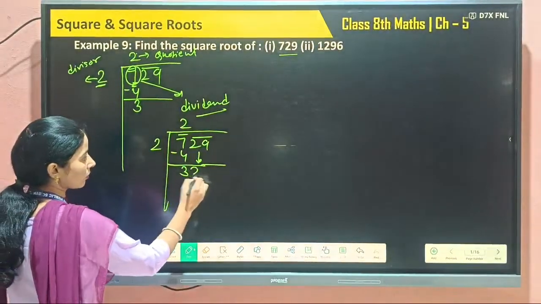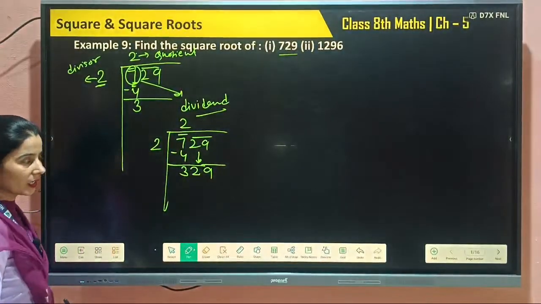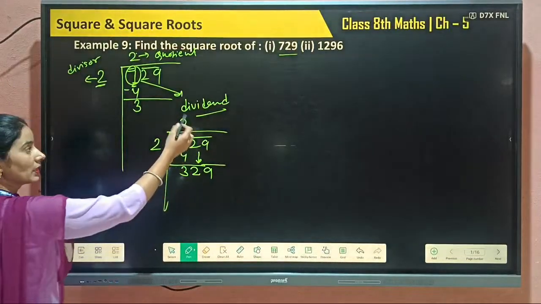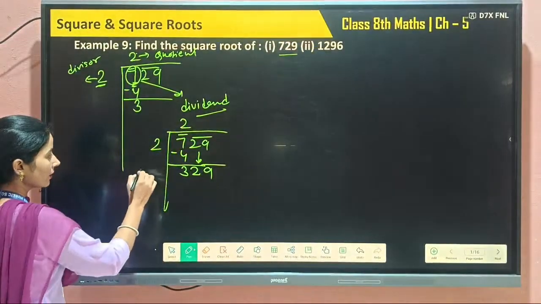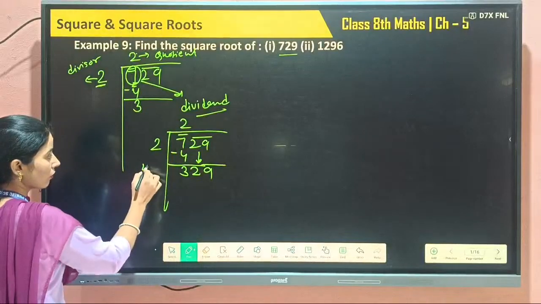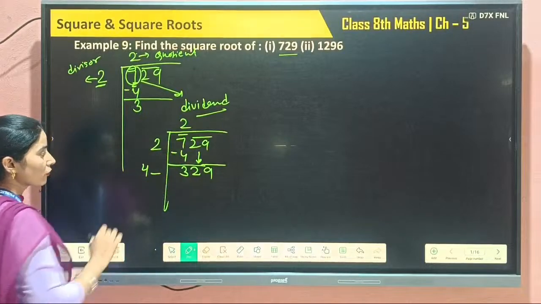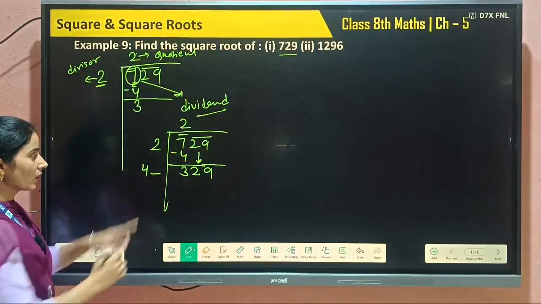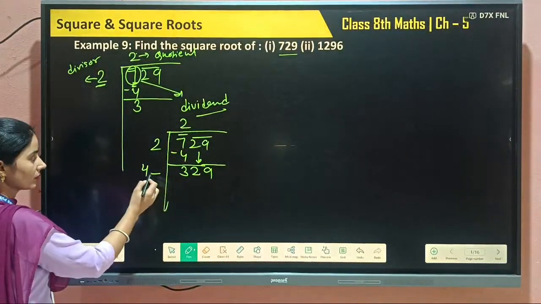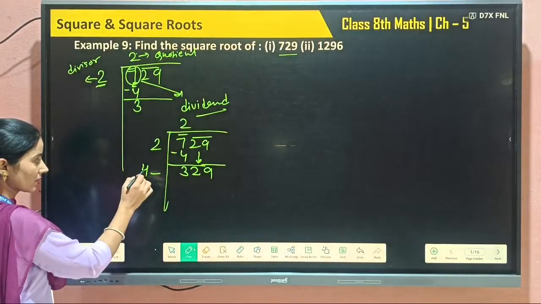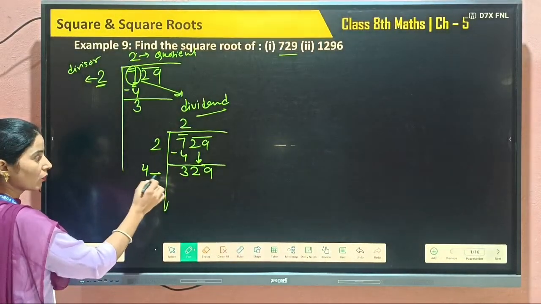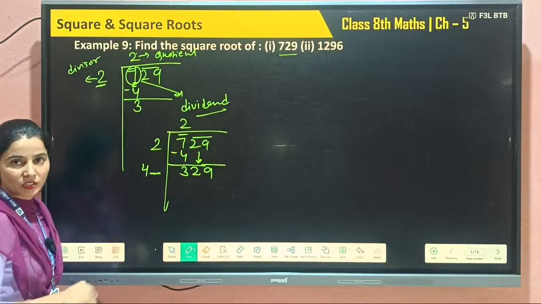Next pair is 29. Now you have to double this quotient, and double of this quotient will be 4, and you have to insert this double of the quotient leaving a blank on the right side of it.